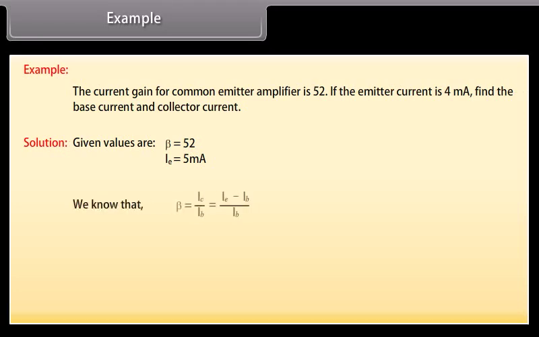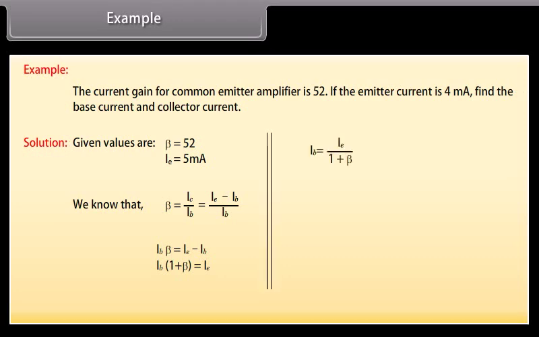We know that beta is equal to IC upon IB, which is equal to IE minus IB upon IB. On simplifying the expression we get IB is equal to IE upon 1 plus beta. Now putting the values in the expression and calculating, we get IB is equal to 0.08 mA.